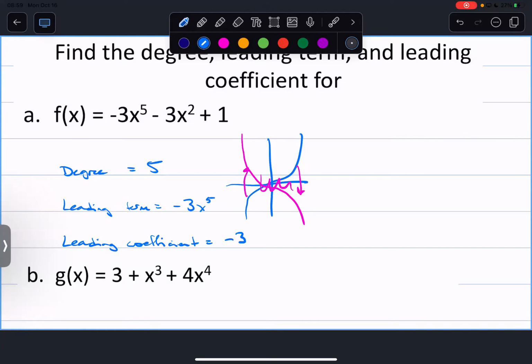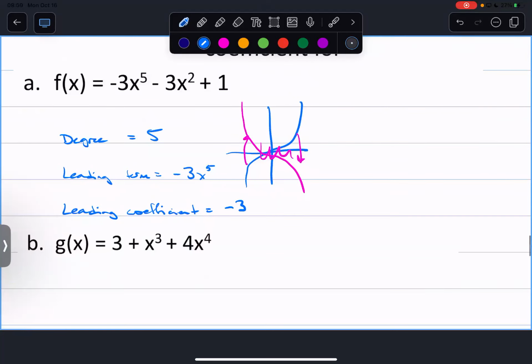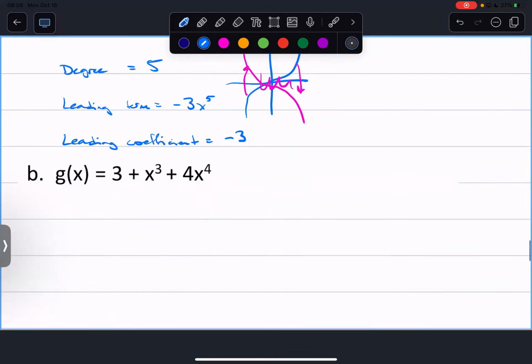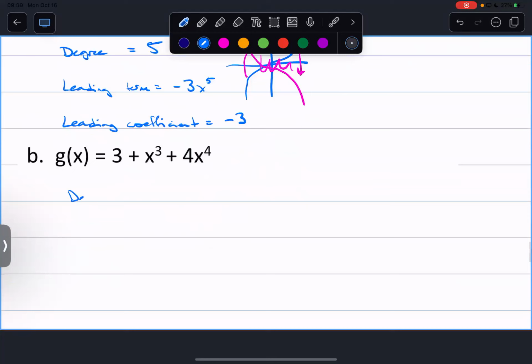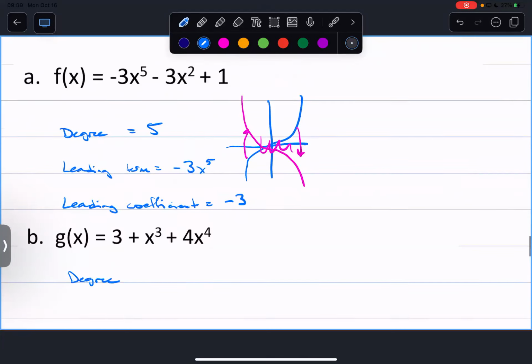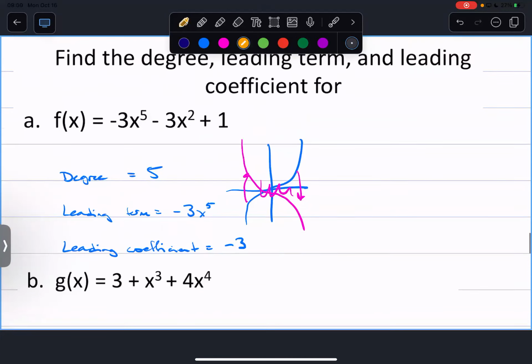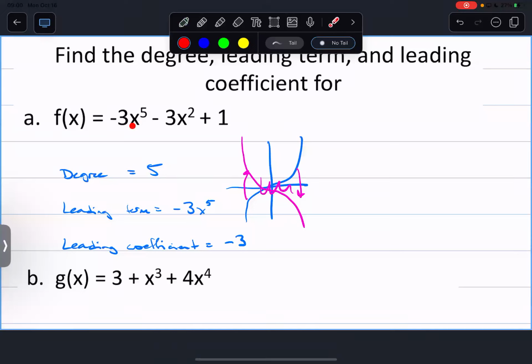Okay. Oh, there was one more thing I wanted to do with this. Starting at x to the 5, what if I wanted you to write out all the terms down to x to the 0? It's important to recognize that there are terms in between.